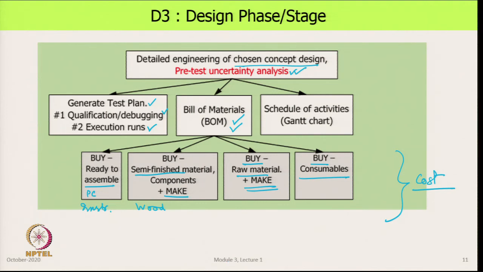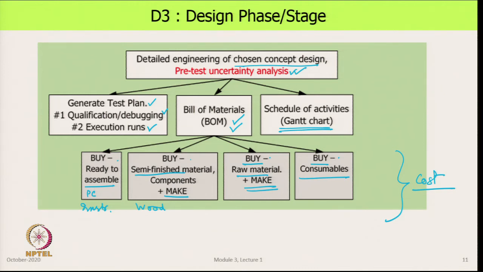And then we come up with one more thing, that going forward from this point, what is the schedule of activities? If we have to buy these items, some will come in a few days, some will come after a few weeks, some may have a lead time of 6 months, something may take 1 year to come.